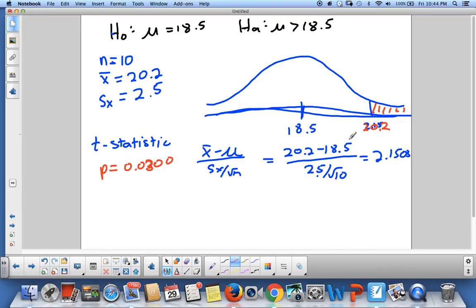This should say 20.2. Basically, we have to decide now: is that sufficient? Is that enough evidence for us to say this number's not true anymore, that it's going to be more than this? Generally, we want to create what's called a significance level. There are no exact values for anything here because we don't know.